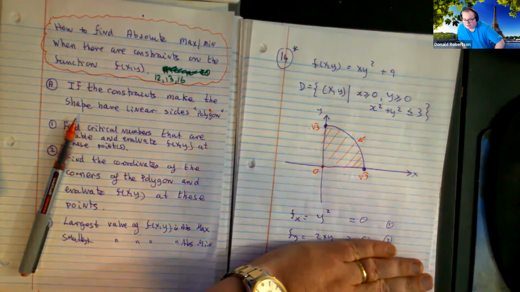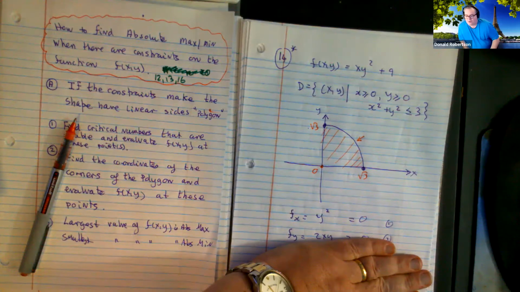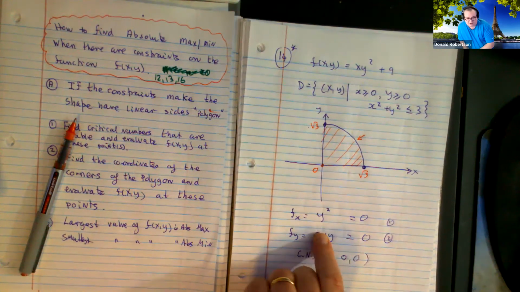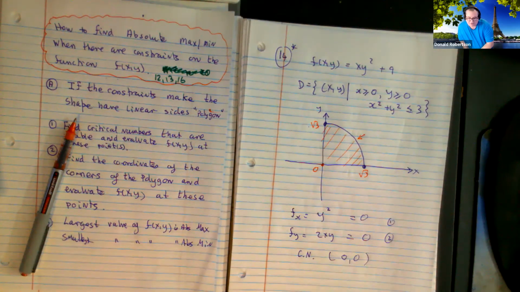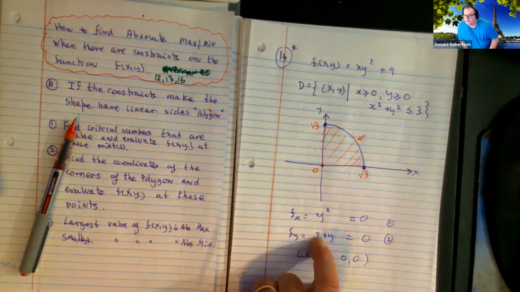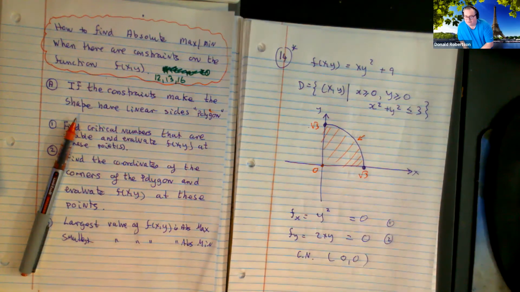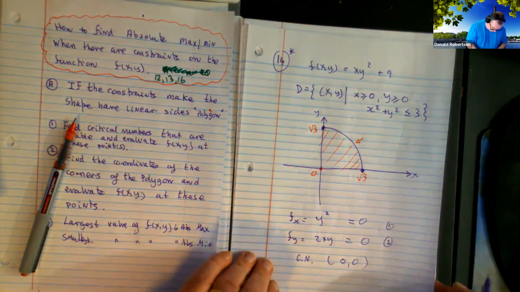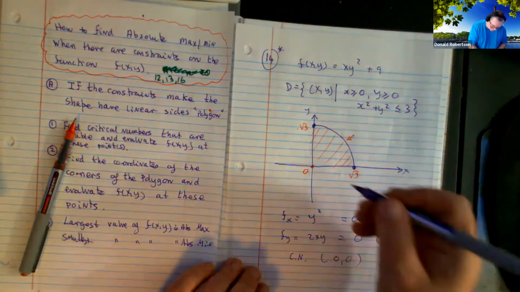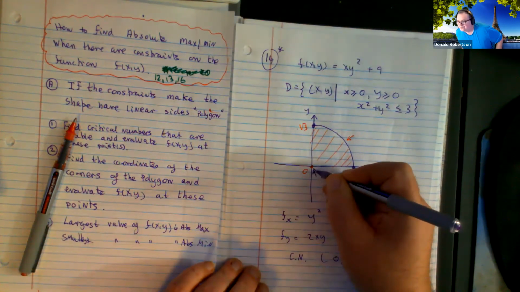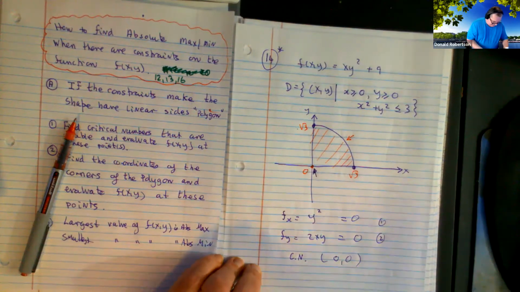If y squared is 0, doesn't that make y 0? If you plug y 0 into the second one, technically, I guess you could say it makes x anything it likes. But the other choice here isn't that x has to be 0 anyway, so I know it's the origin, right? So x has to be 0 and y has to be 0 if we're going to make this work, which is not really very interesting because isn't it one of the corners? So I don't need to look at that guy. Or I do need to look at him, but I don't need to worry about it.